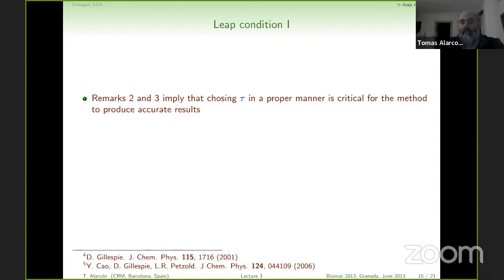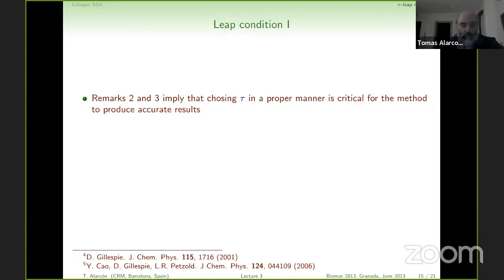Okay, so what we are going to see now is a prescription for choosing tau. This is a prescription; it's not a theorem. There is no theorem for choosing tau. So these are prescriptions, and there are many prescriptions of this type. I'm going to show you the original one by Gillespie, but this prescription has been improved in other methods.